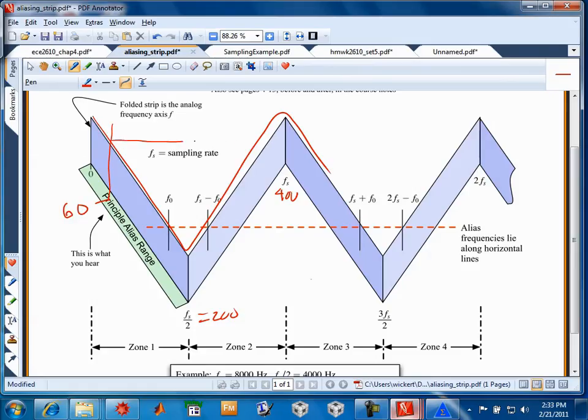And we came across and said, okay, that bops down to 340, and the frequency above the 400 is 460. Then we come all the way across over here, and now we're above and below 2 Fs by the 60, and that was the 740 and 860. Just another way of looking at the same thing.